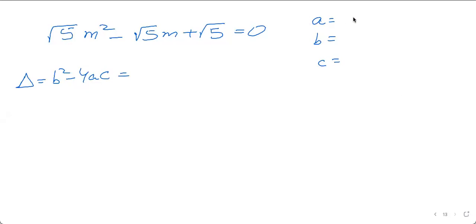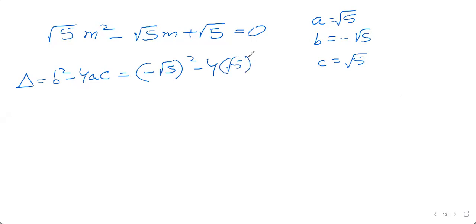So in this equation, our a is root 5, our b is minus root 5, and our c is root 5. First check this. Root 5, minus root 5, plus root 5. So our discriminant will be minus root 5 square minus 4 into root 5 multiplied by root 5. Square root of 5 into square root of 5 is 5. Minus into minus is plus. So this is 5.